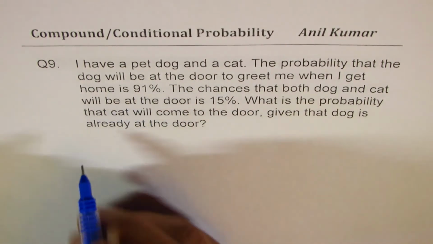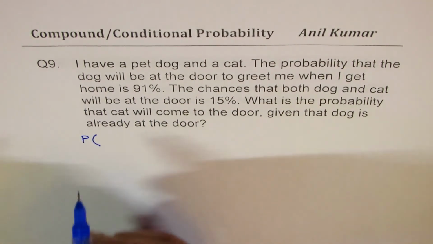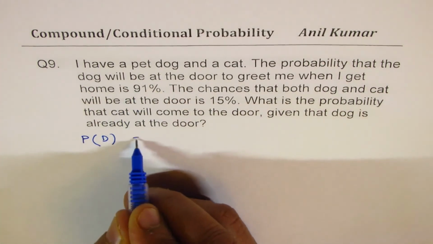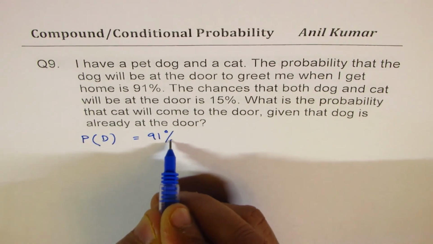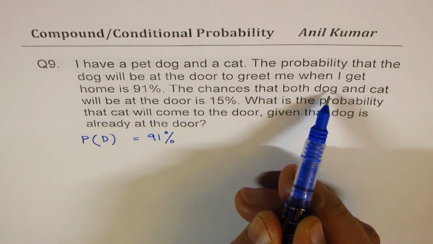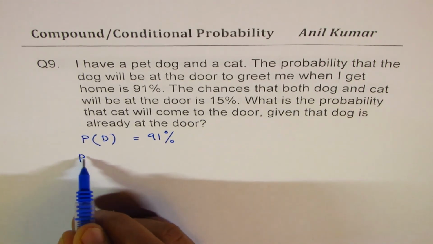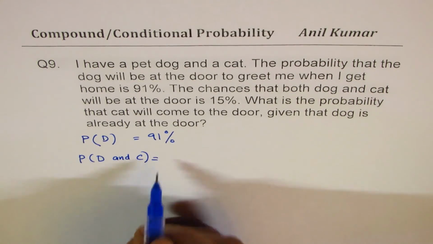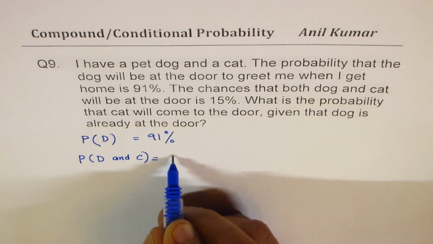So let's write down the probability of the event A, which is dog at the door, which is given as 91%. Now it says the chances that both dog and cat, that means probability for dog and cat, is given to us as 15%.